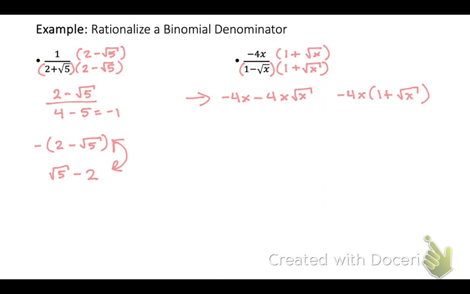Okay, so your denominator is going to be 1 minus x. Is that your denominator? Yeah. Okay, so either one of these, I'm okay with how that looks. They distribute it, but like I said, I am not going to make you do that.